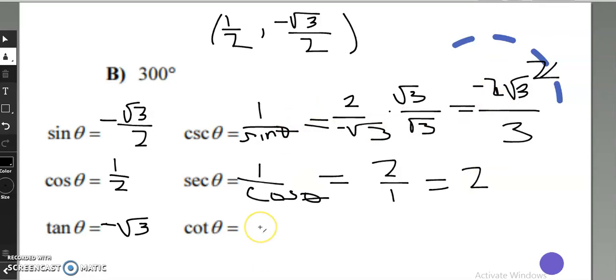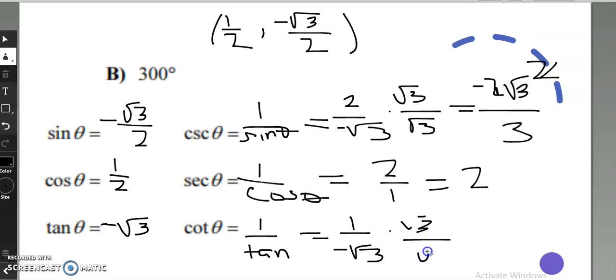I get the same answer either way. 1 over tangent, which is equal to 1 over negative root 3, multiply top and bottom by root 3. And I get negative root 3 over 3.